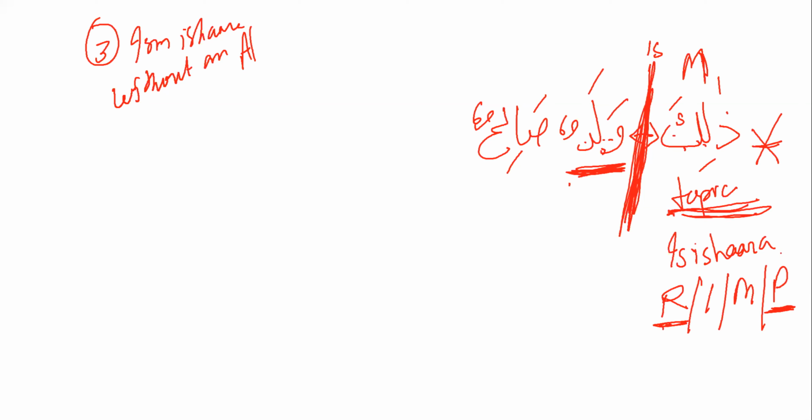So now we analyze Waladun. Waladun is Rafa, one, masculine, and common. Is there another ism after it? Is it a break in the chain or a continuation of the chain? This is describing walad, right?